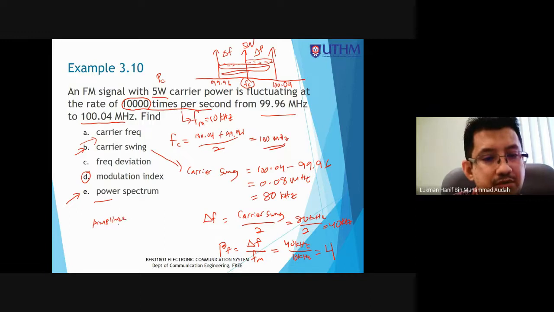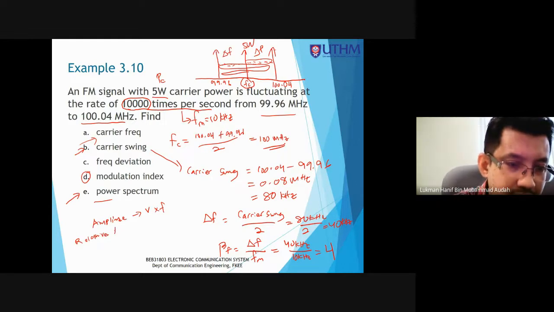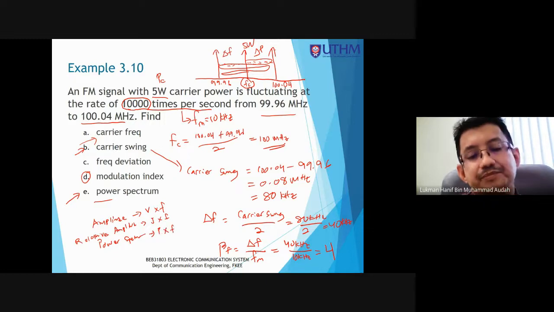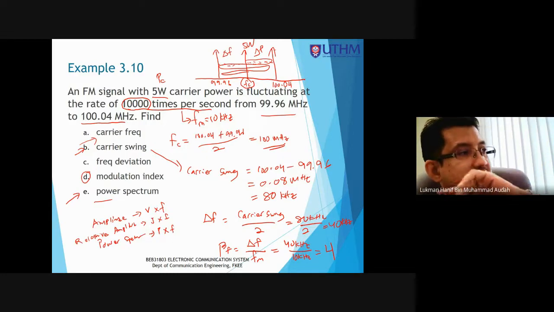Amplitude spectrum kita lukis V versus F. Kalau dia tanya relative amplitude spectrum, bermakna J versus F. If the question asks power spectrum, bermakna dia nak melihat power versus F. Okay, maknanya you kena lukis power versus F.